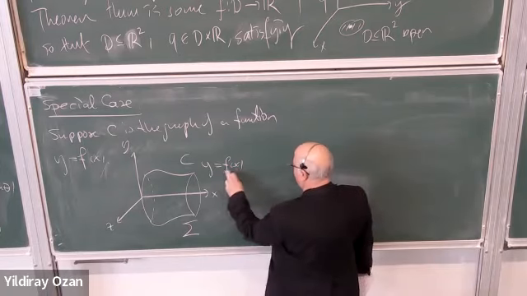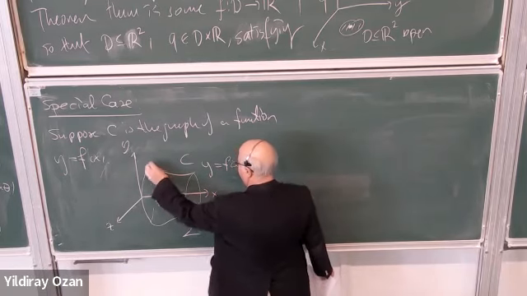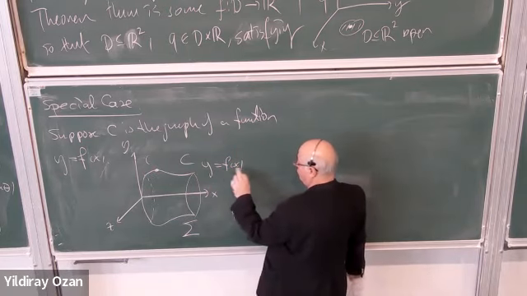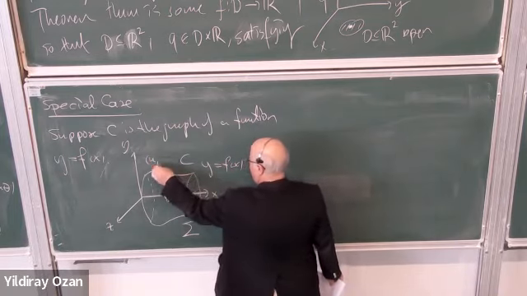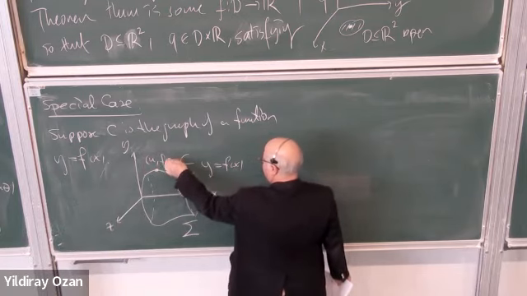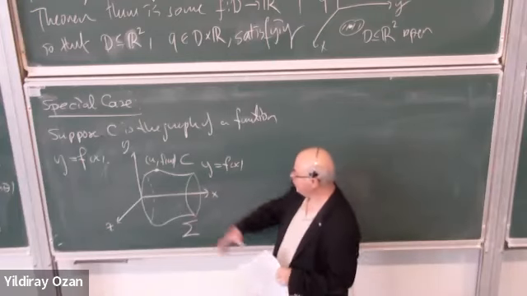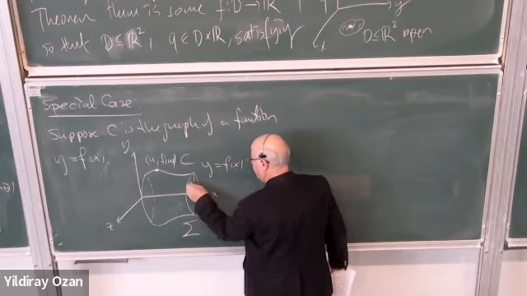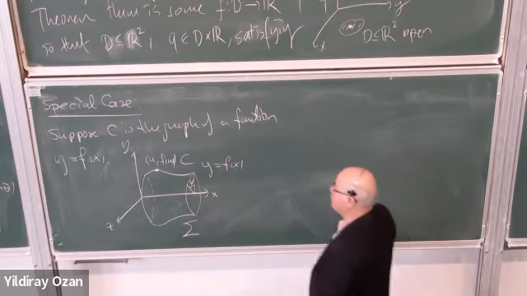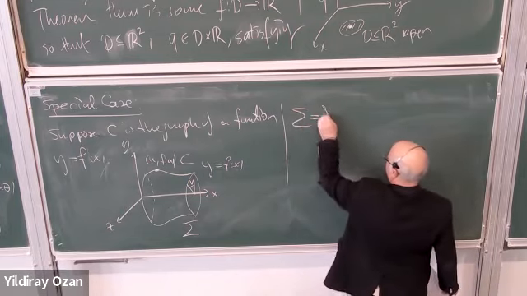Here, a point here, I don't need to use xt, yt. I can just write u and then f of u, right? I have this point, u, f of u, and then I rotate v radian. So our surface is just what?